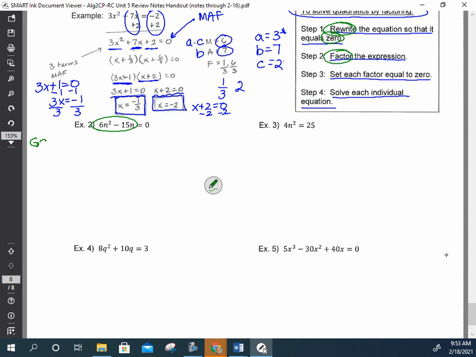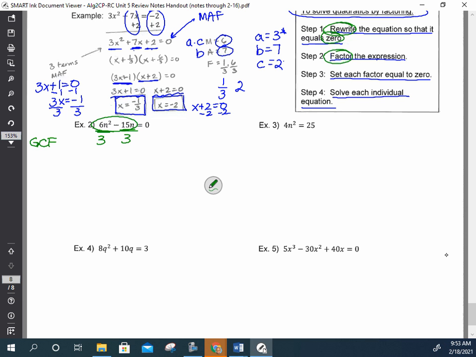So we always start with greatest common factor. We'll look at what can we take out of 6 and 15. You gotta divide something out. Take a moment to think about it. Hopefully you're calibrating that it's 3.